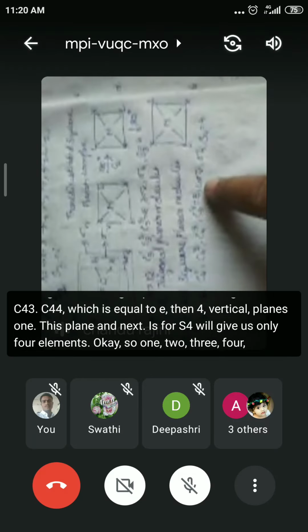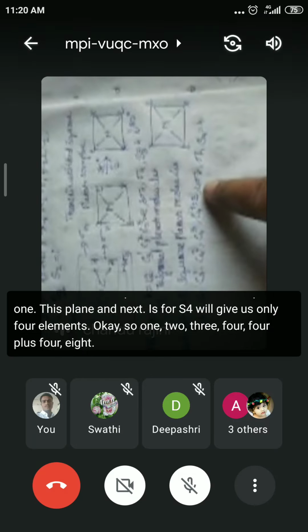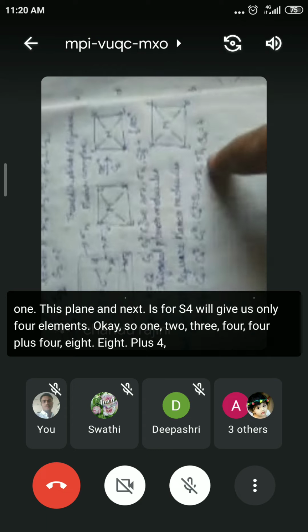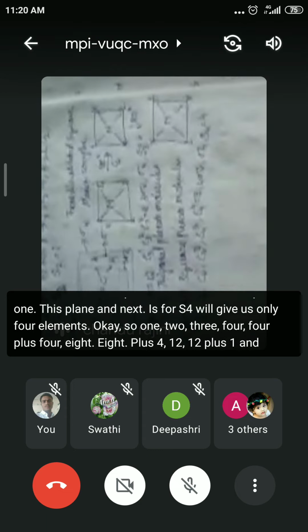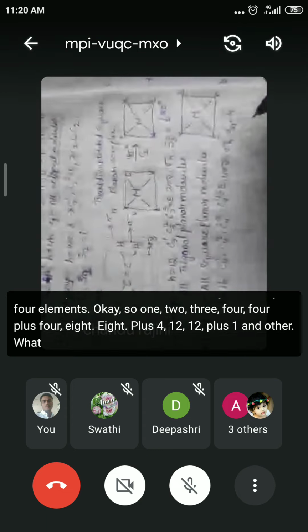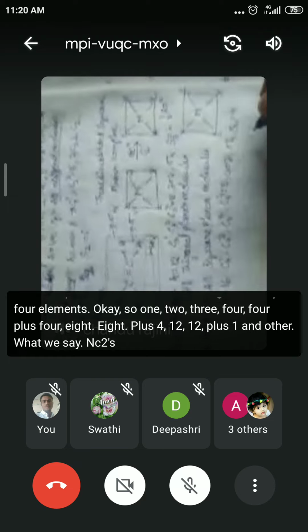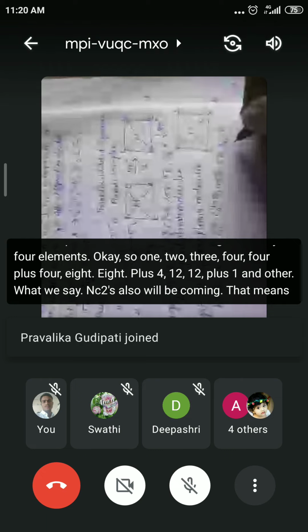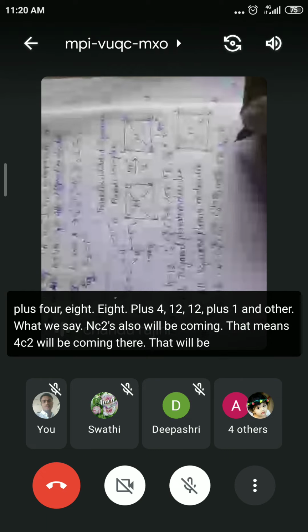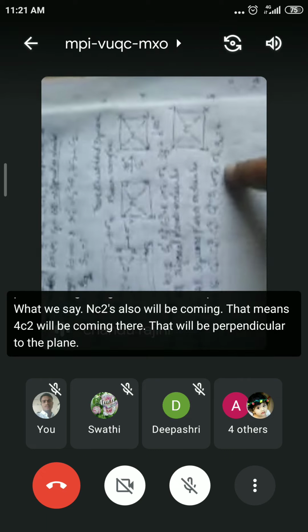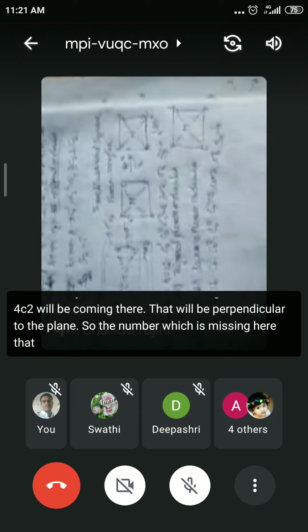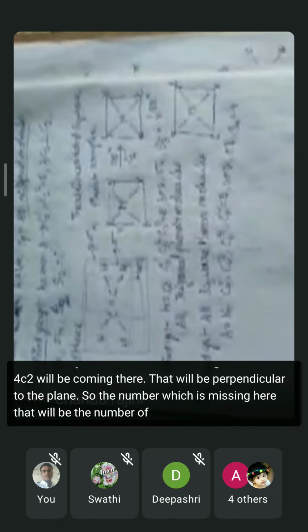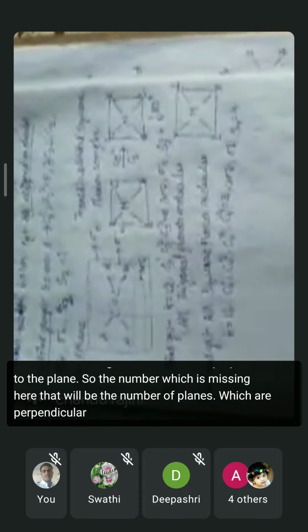So 1, 2, 3, 4, 4 plus 4, 8, 8 plus 4, 12, 12 plus 1, and the other, nC2s also will be coming. That means 4 C2s will be coming, which will be perpendicular to the plane. So the number which is missing here will be the number of C2s perpendicular to the principal axis.